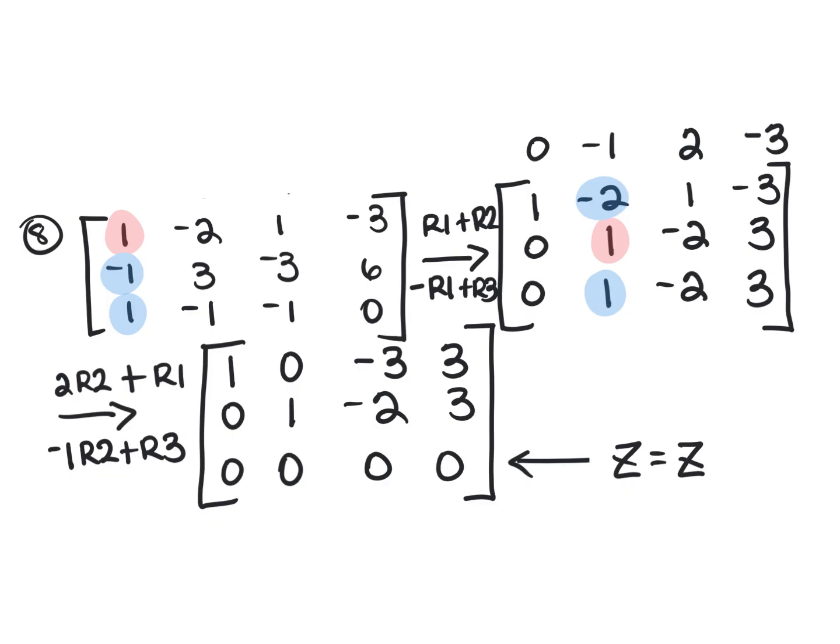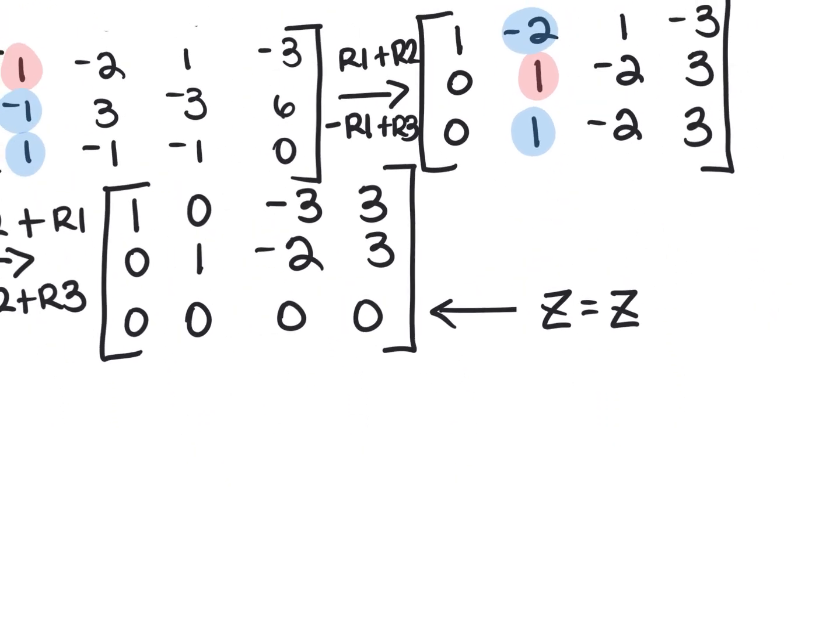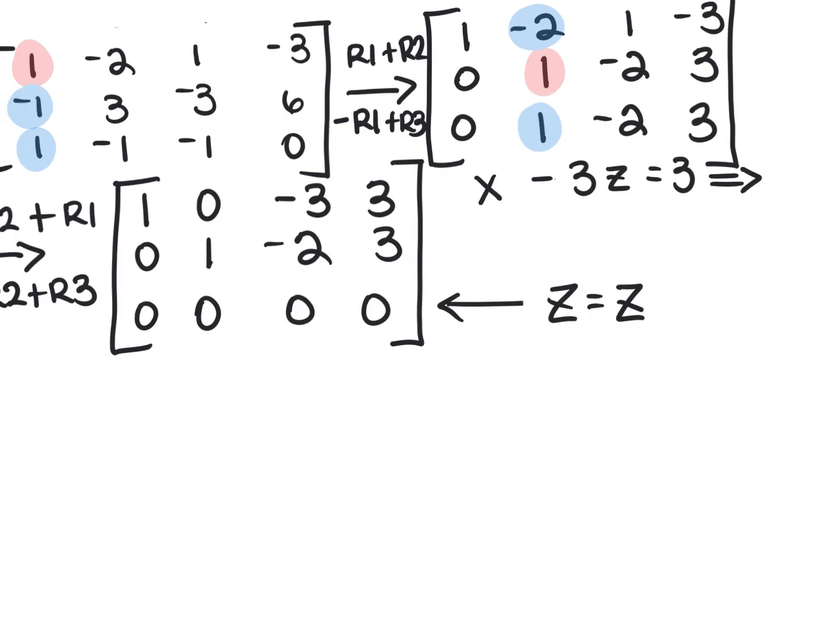Since the directions say to write it as z, then you're going to start with z equals z. Now this one is a little more complicated than the other one that we did. So if you look at this top line, I have x plus 3z minus 3z is equal to 3. So to get the x component, you'll solve for x.